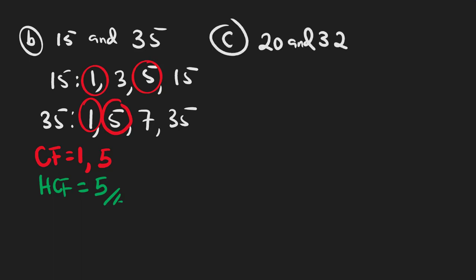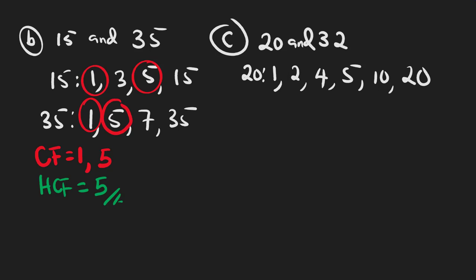So the next set of numbers is 20 and 32. So let's see the factors of 20, right? What are the factors of 20? Of course, we have 1, we have 2, we have 4, we have 5, we have 10, and we have 20, right?